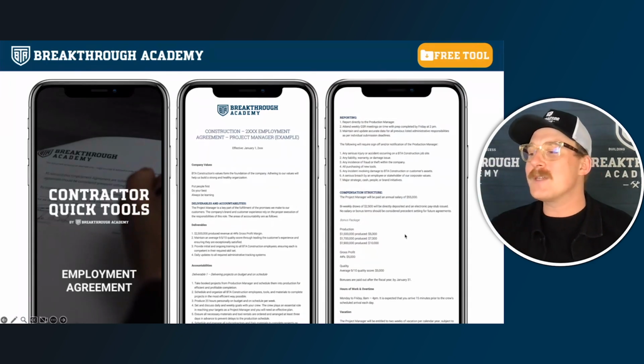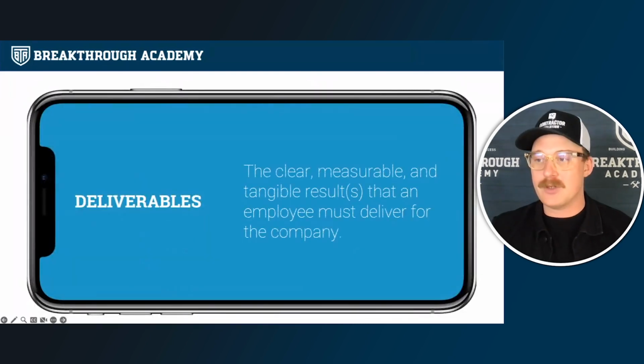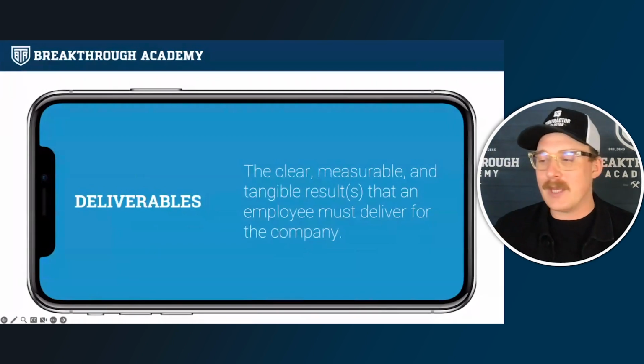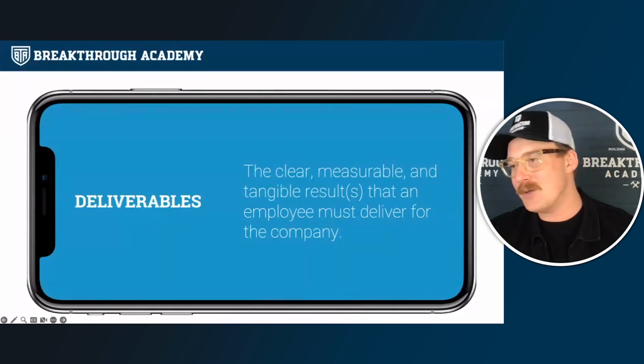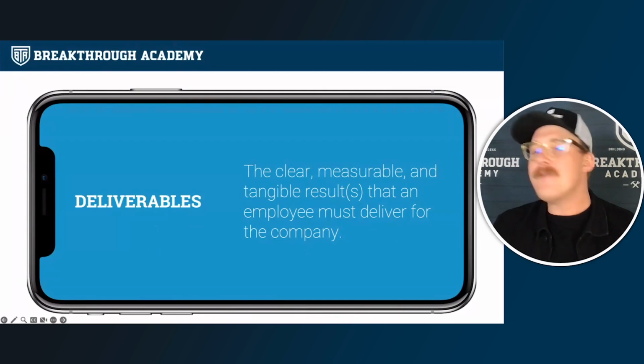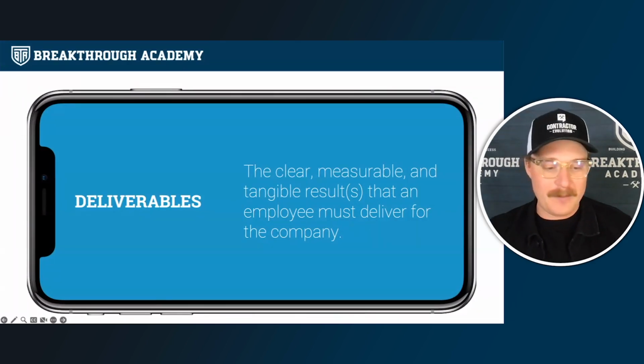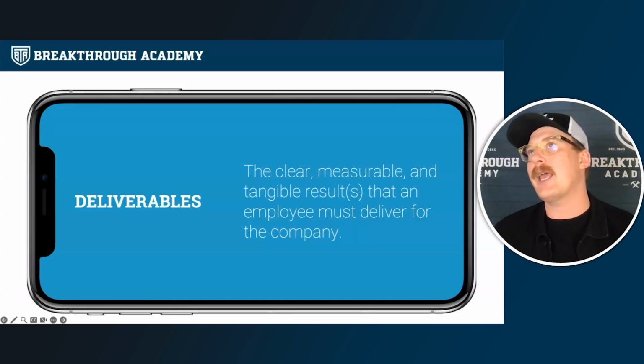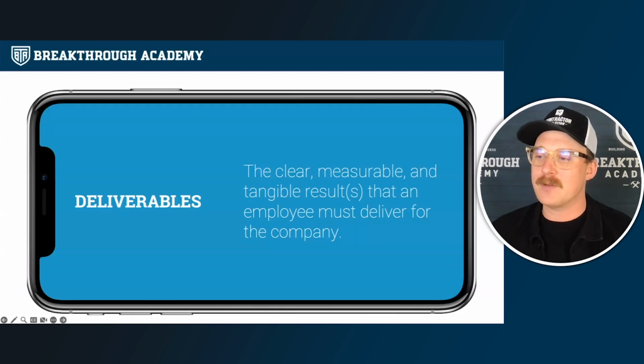Deliverables are the results that you want your project manager to achieve in their role. So they're tangible, they're measurable. They would be things like, I expect you to produce this many projects or this much revenue. Of that revenue that you produce with your people on site, with your foreman, with your crews, with your sub crews, etc., we expect you to generate a 32 or a 35% gross profit margin on those projects.